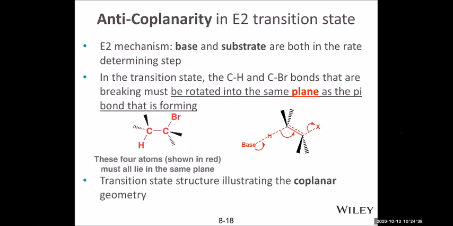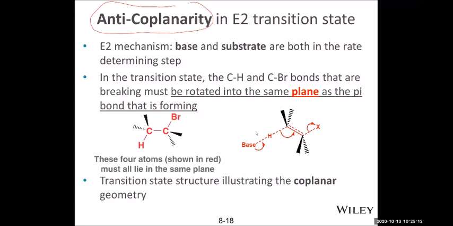The theory, the explanation, which has been proven, by the way, suggests the reaction takes place in a single step: the base takes away the proton, the double bond forms, and the leaving group leaves, all at the same time. And they have to line up in what we call anti-coplanarity.